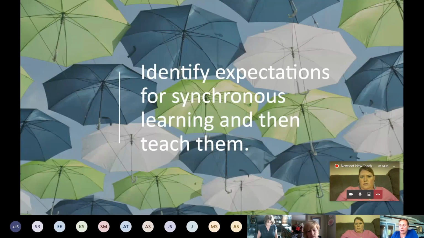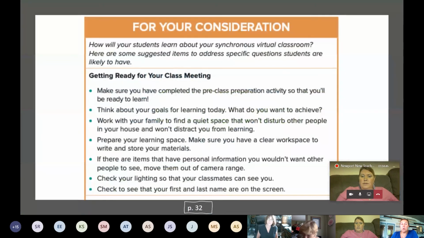So we were just talking about classroom norms and expectations. I wanted to define those terms because I do want you to think about, what are your expectations for synchronous learning or your virtual sessions with students, okay? A couple things, and you've already mentioned these. Get them in the habit of making sure they have completed that pre-class preparation, coming prepared, right?